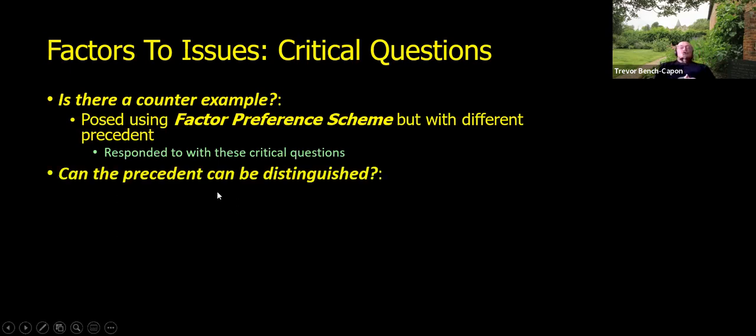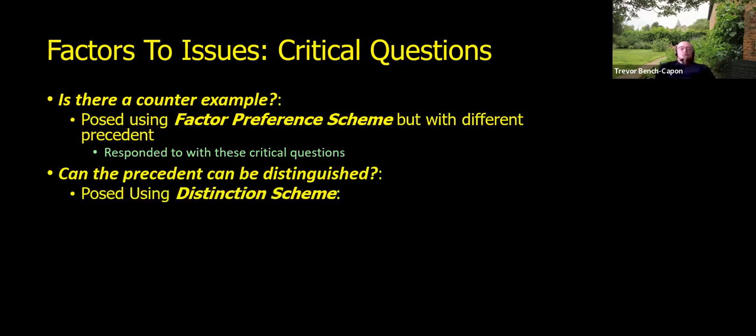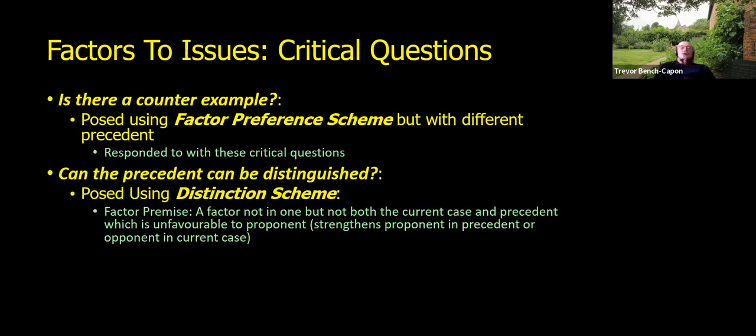The second particular question is whether the precedent can be distinguished. And this is posed using the distinction scheme. This has a factor present, a factor in one, but not both the current case, and this is unfavourable to the proponent.